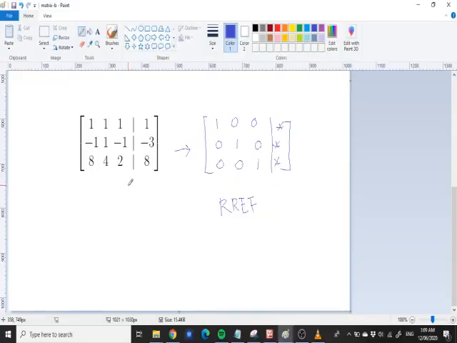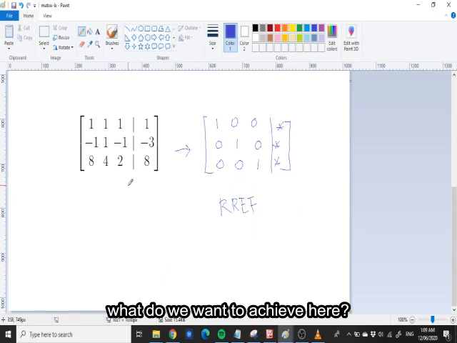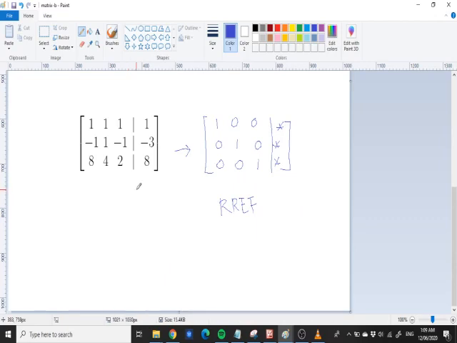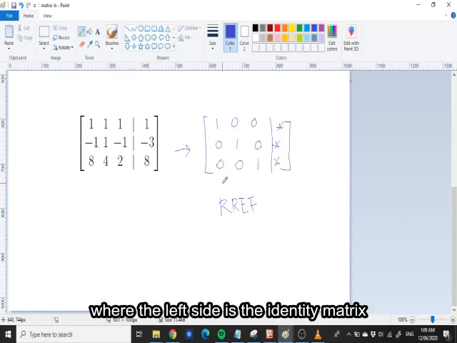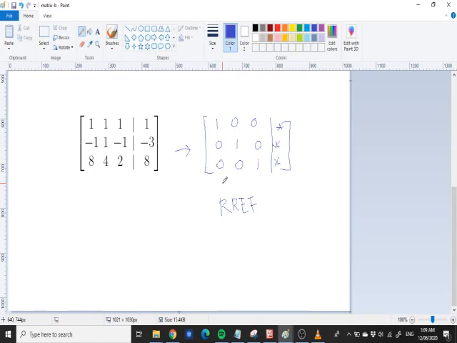What do we want to achieve here? This is our augmented matrix. What we want to do is transform it into the form where the left side is the identity matrix: 1, 0, 0, 0, 1, 0, 0, 0, 1.